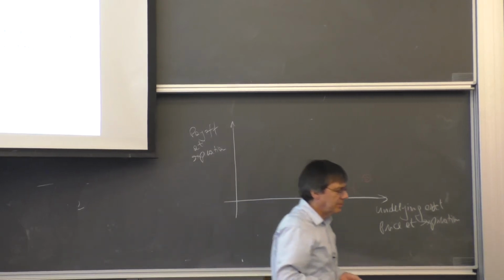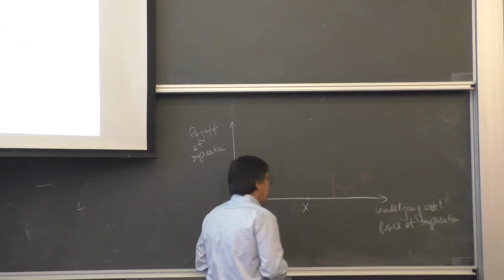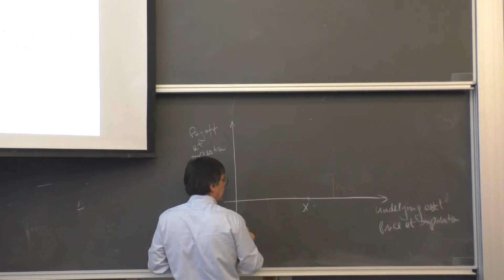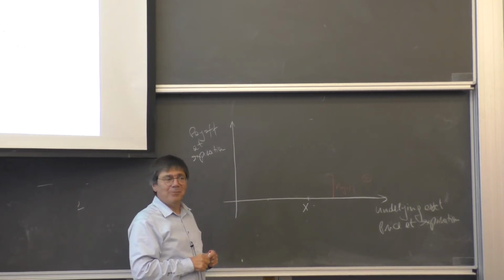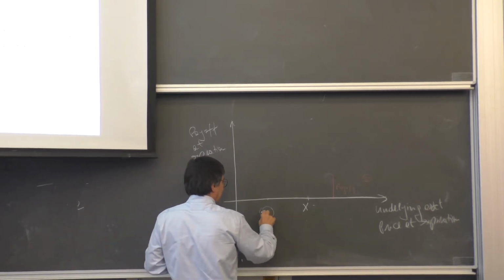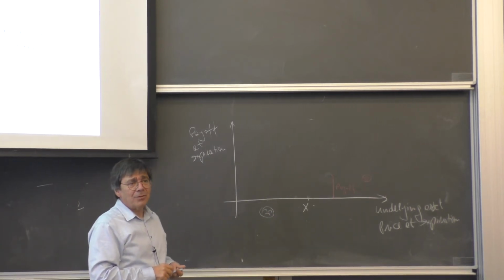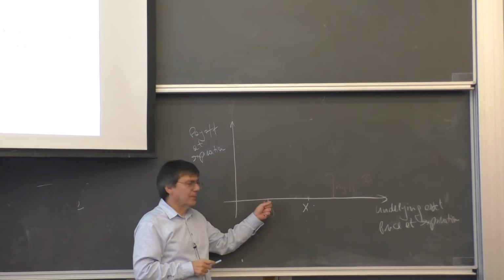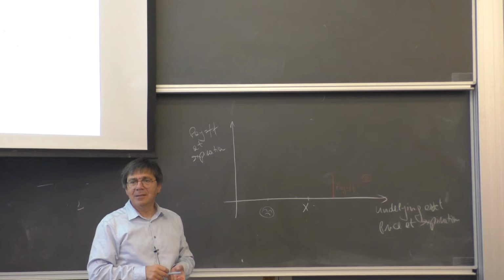What happens if I find myself in a world in which the underlying asset price at expiration is less than X? Say this one over here. Am I happy or am I sad? I'm sad. Why am I sad? Because, okay, I have the right to buy this stuff for X, but once I buy it for X, I just bought something for X that everyone else is buying for less than X. I'm not going to be able to sell it.